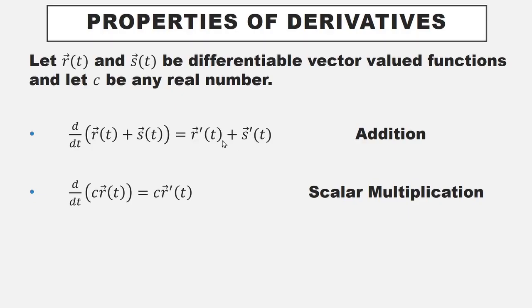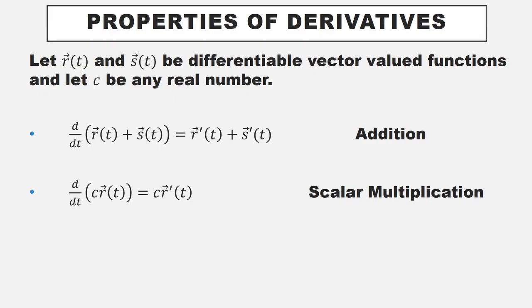This works just like our derivative rule of adding two functions in the real numbers. So it's analogous here. If you take a derivative of the sum, it's the same thing as the sum of the derivatives.